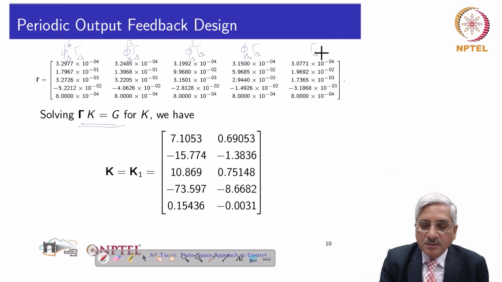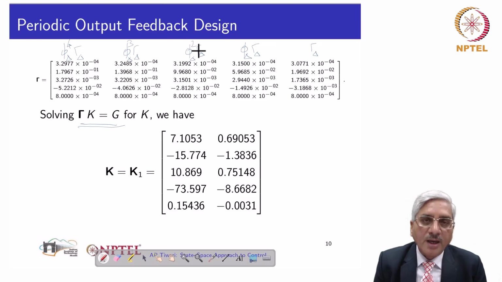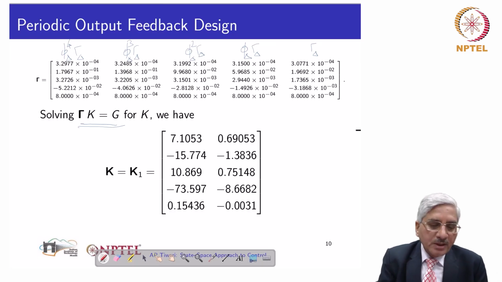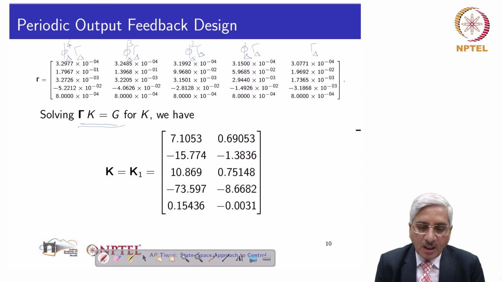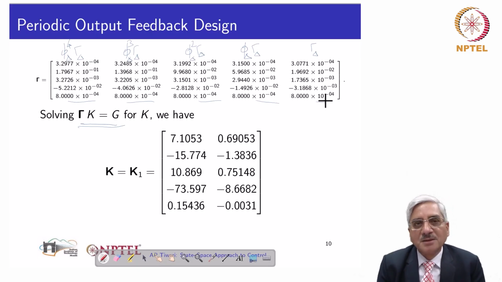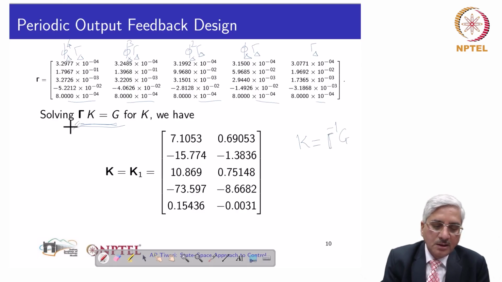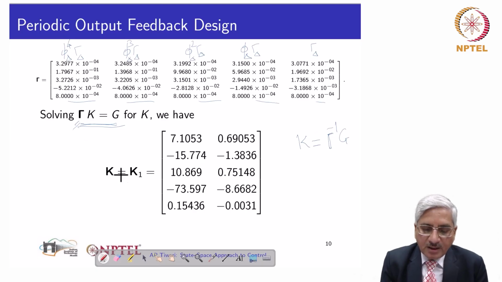So gamma, phi gamma, phi square gamma, up to phi n minus 1 gamma. n is 5, so we stop at phi delta power 4, and we obtain the columns of gamma like this. Because the system is controllable, we get the inverse of gamma, and so K is simply gamma inverse G. This is bold gamma, and thereby we obtain K, which we call K1.